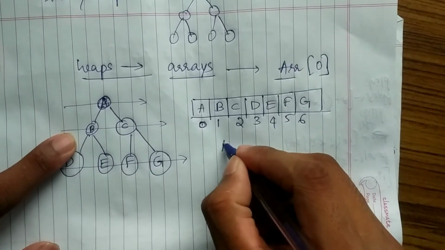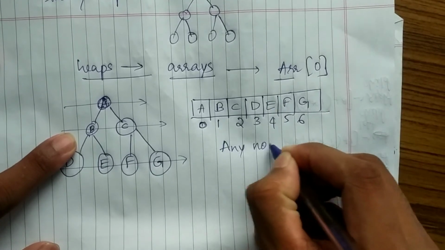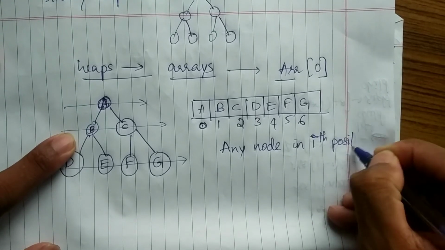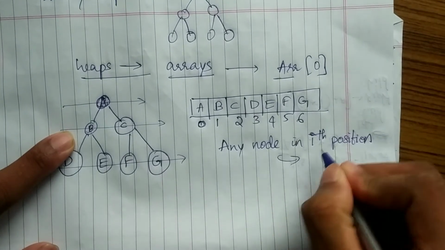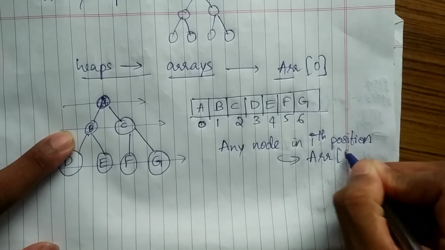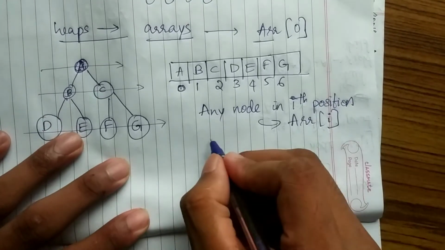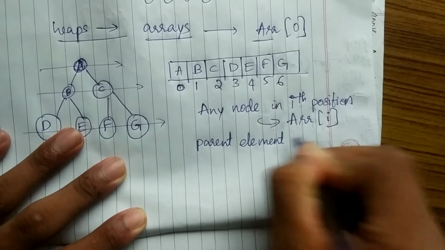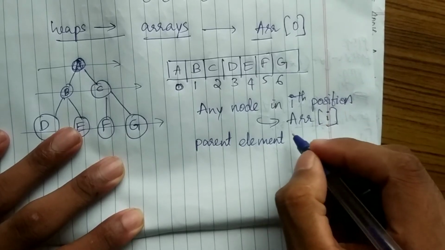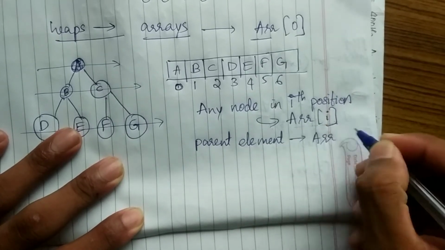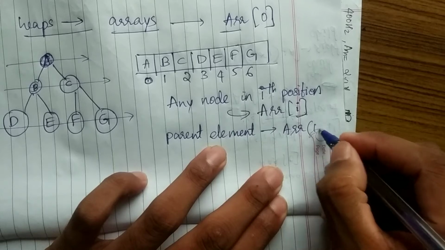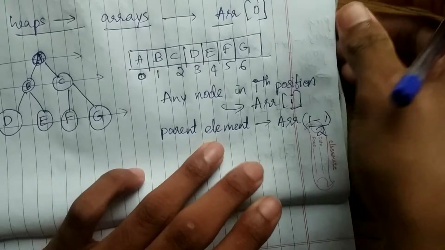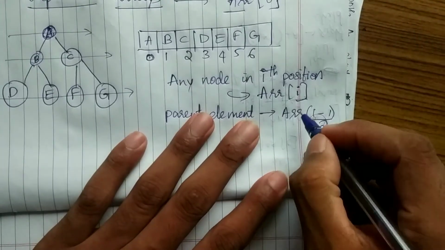And for any node in the ith position, which is nothing but array of I, the parent element of this array of I is stored in array of (I minus 1) divided by 2, and the floor value.